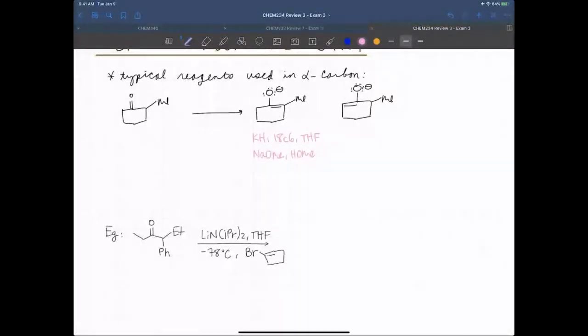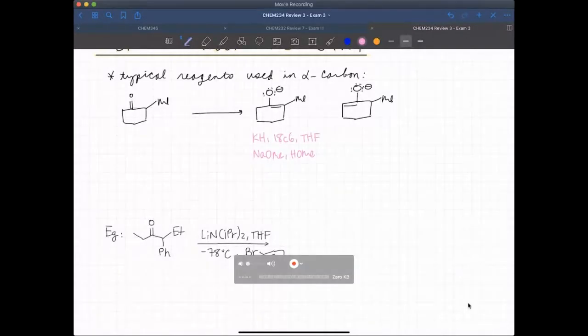So, 0.95 equivalents or 1.05 equivalents?